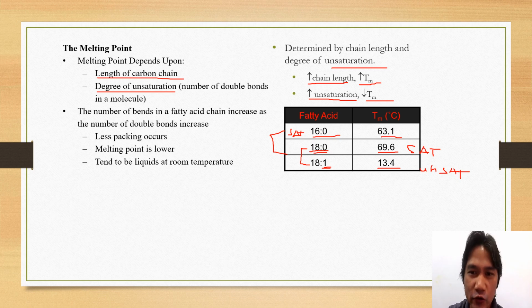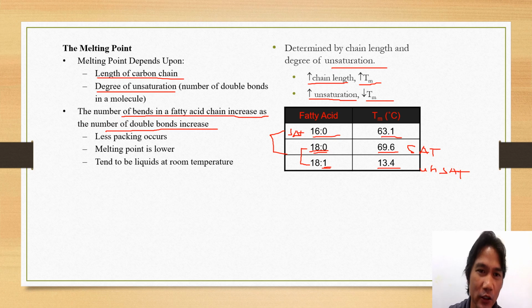It says here the reason why unsaturated fatty acid has low melting temperature is that the number of double bonds in the fatty acid increases.